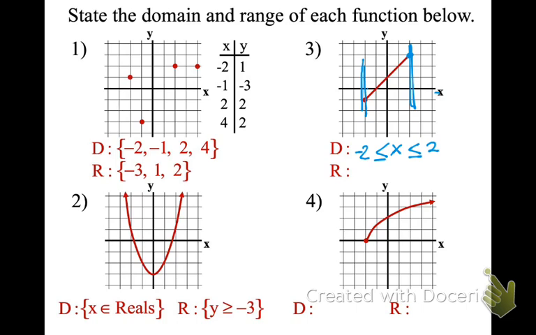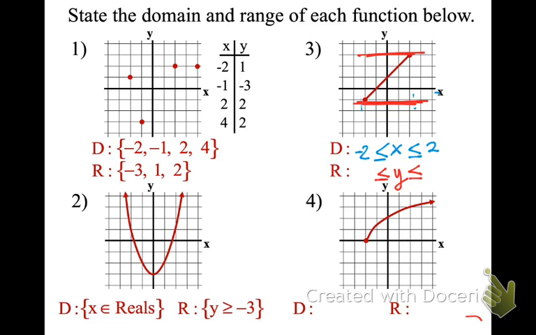Now the range, that's how high it goes, okay? How high it goes, I'm looking at the lowest point for my y's and the highest point. Okay, and I'm going to do another in-between. And what is the lower boundary? See if you can figure this one on your own. And what is the upper boundary?